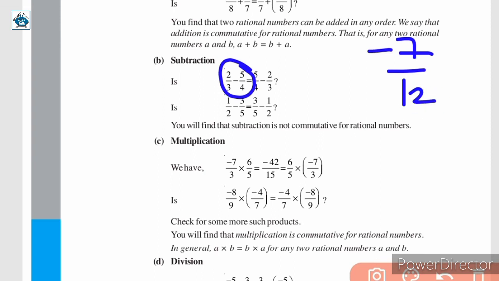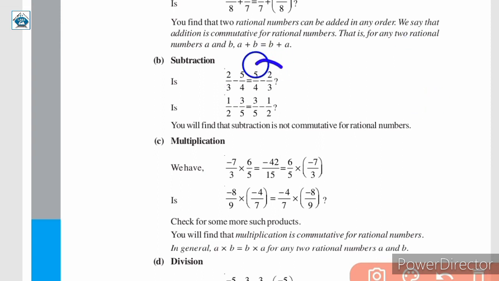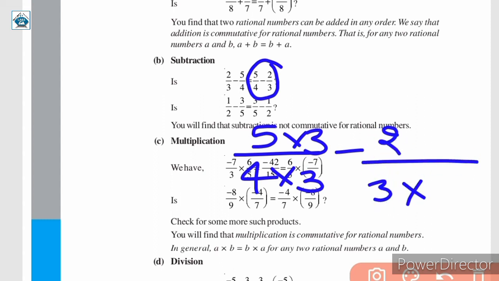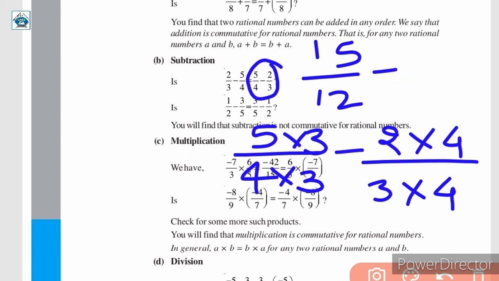What about the second case? When 2 by 3 is subtracted from 5 by 4, here 5 by 4 can be written as 5 multiplied by 3 upon 4 multiplied by 3, minus 2 by 3, which you will multiply with 4. So here this will be 15 upon 12 minus 8 upon 12.